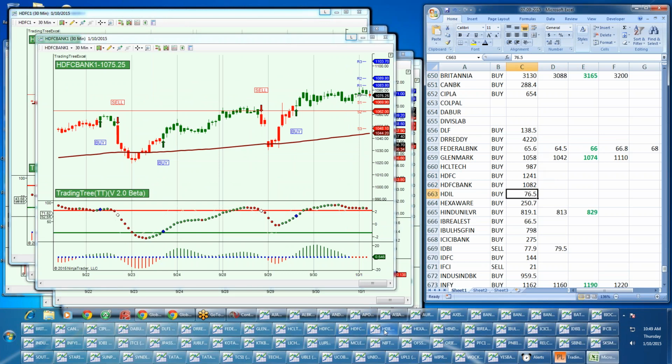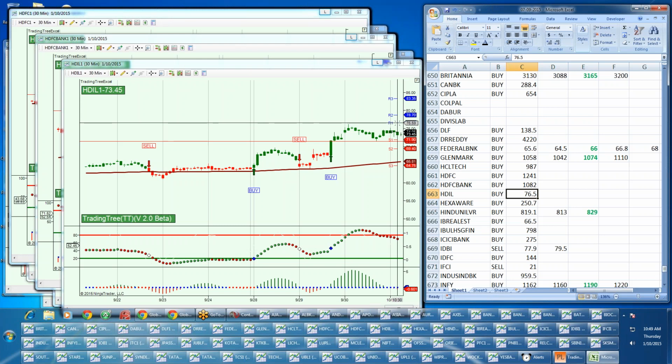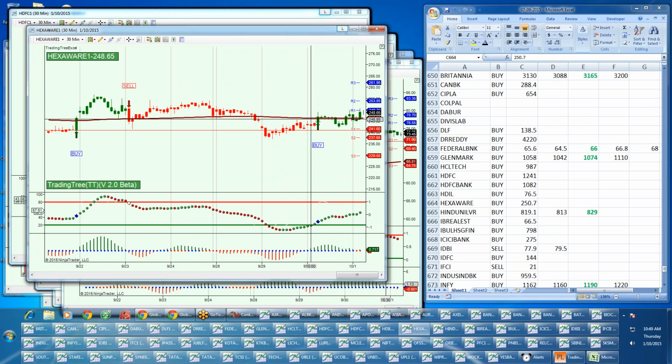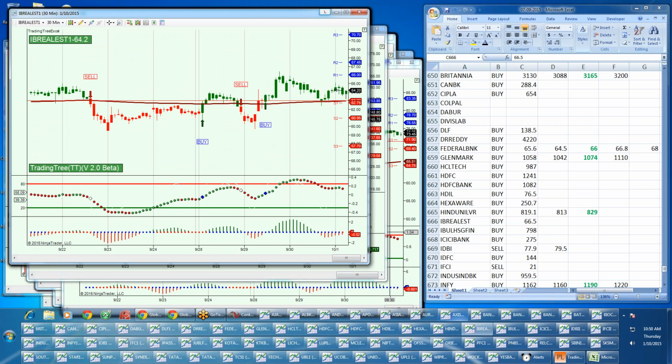HDIL, we had a buy at 76.50, so that's not triggered. You can see that here. Hexaware, our buy is 250.70, so 250.70 is somewhere above this. Unilever got triggered. That's a good profit of 10 rupees. And IB Real Estate has not triggered. So there are some calls which have not triggered.